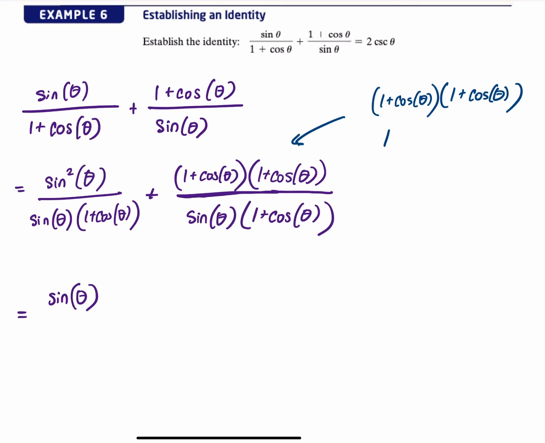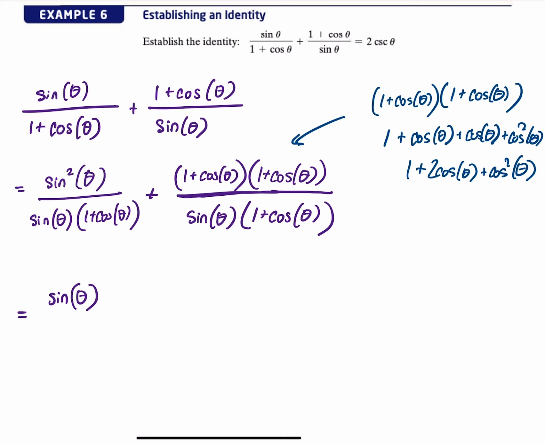So we would get 1 plus cosine plus another cosine, and then the last two terms will give us cosine squared. So we could add these two middle terms together. Let's combine some like terms. So that would give us 1 plus 2 cosine of theta plus cosine squared of theta. Just FOILing that out. Might be worth doing it on the side like that.